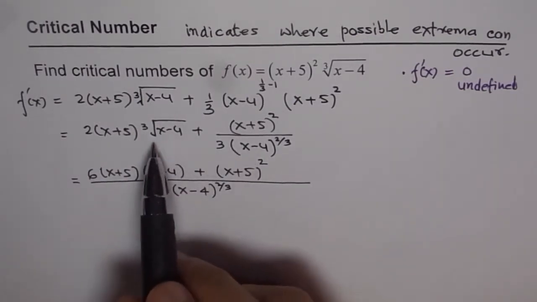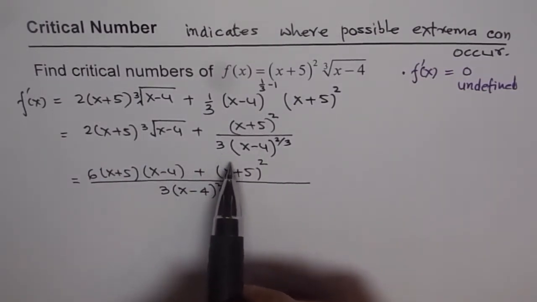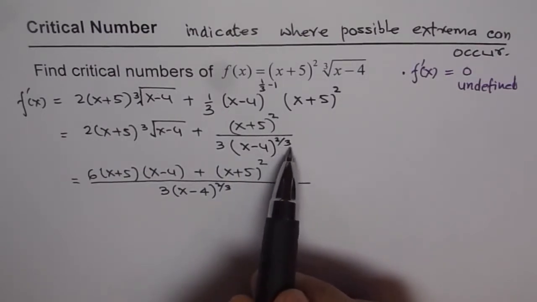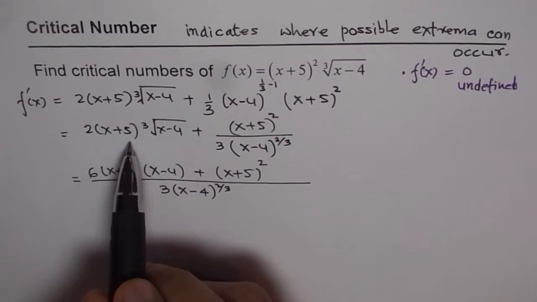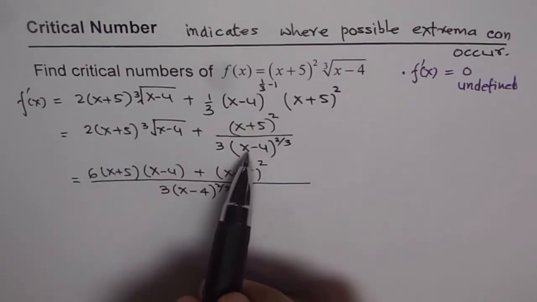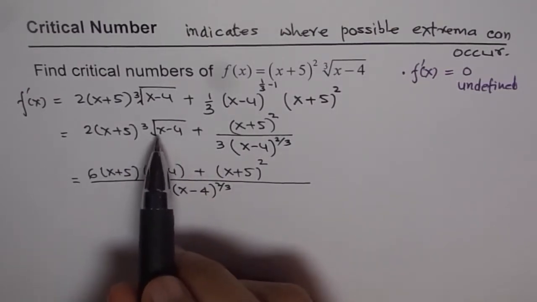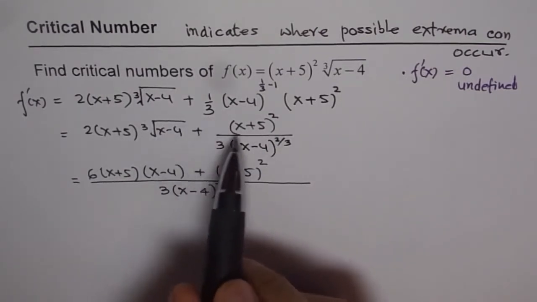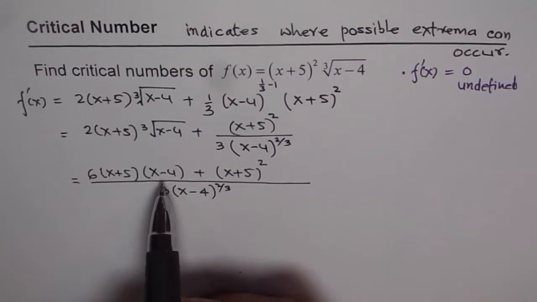What we are trying to do here is take the common denominator as 3 times (x minus 4) to the power of 2 over 3. Since it is not in this denominator, we multiply and divide by this factor. When we do this, we get 1 over 3 plus 2 over 3, which is 1. That's why we wrote this as 1, correct?